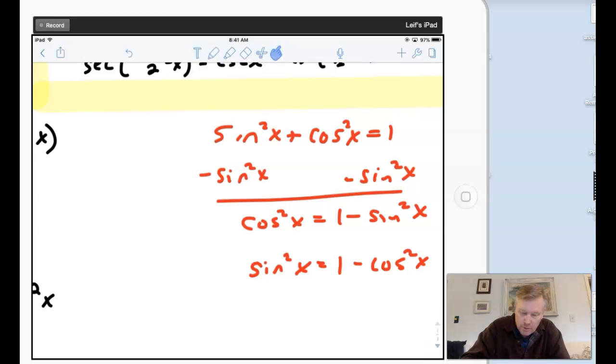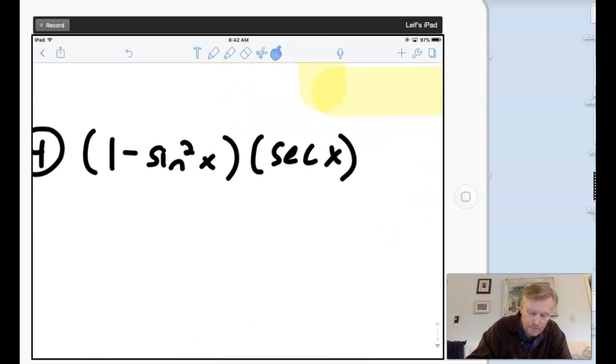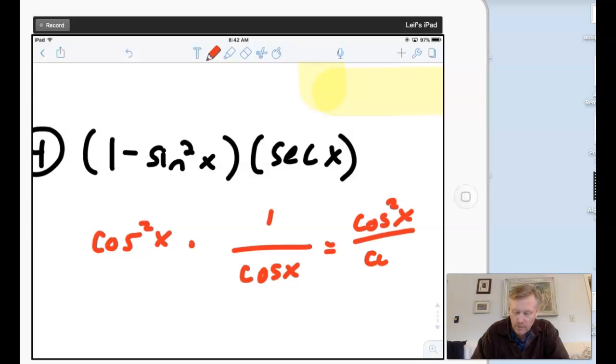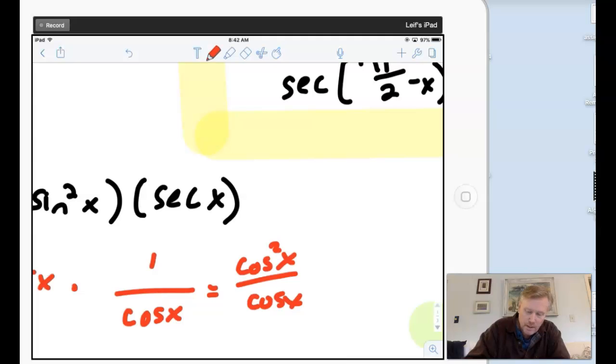So I can switch. I'm going to use this equation. Now I'm going to switch the 1 minus sine squared into a cosine squared. So I got cosine squared of x times, now secant, hopefully you know by now that secant is 1 over the cosine, which means when I multiply this together, I get cosine squared of x over regular cosine of x, which means I got two cosines in the top.